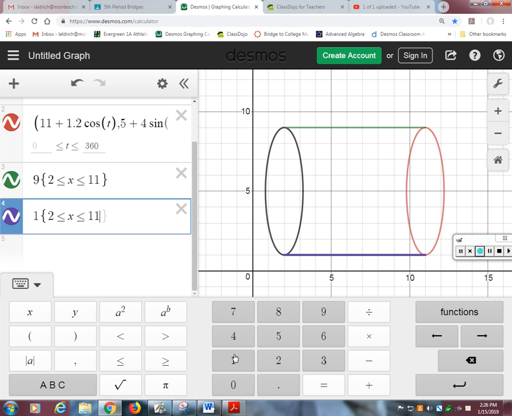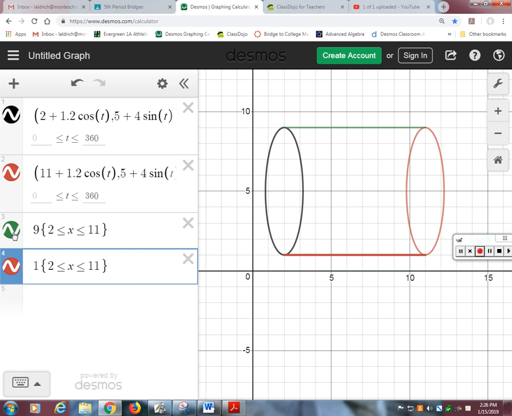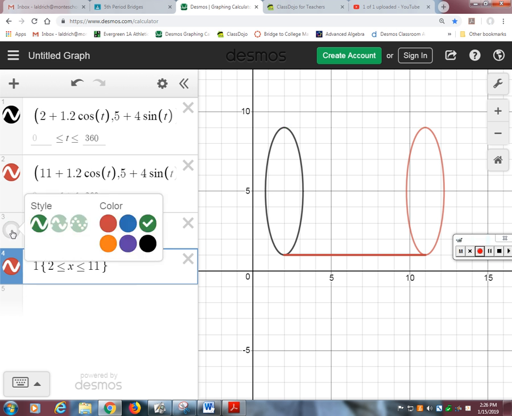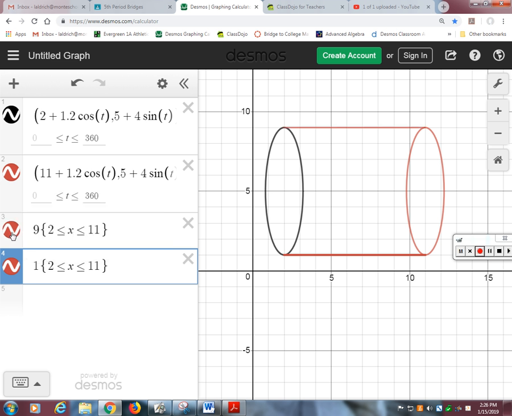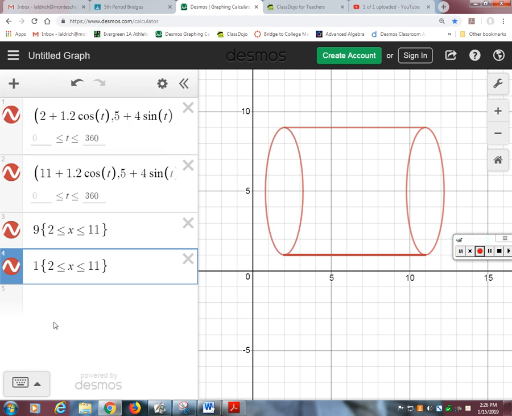If we wanted to, we can change it all to the same color. So I just make this all red. Okay, we're good.